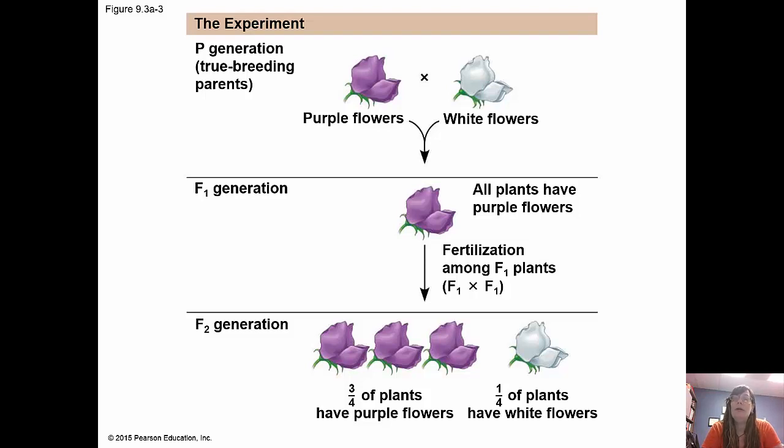When you cross the two F1 generations, now you're crossing big P, little p times big P, little p. So now they each have an uppercase P to donate and a lowercase p to donate. So in the F2 generation, 3/4 of them are going to have purple flowers and 1/4 of them will have white flowers. However, the genotypes of those purple flowers will be different.